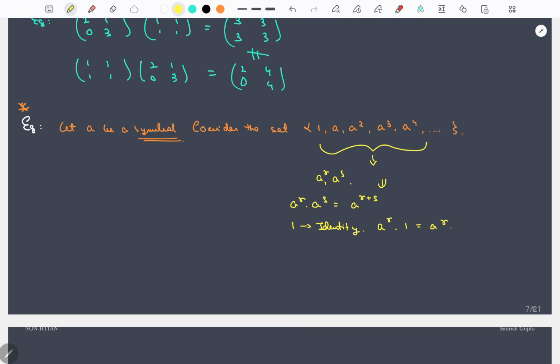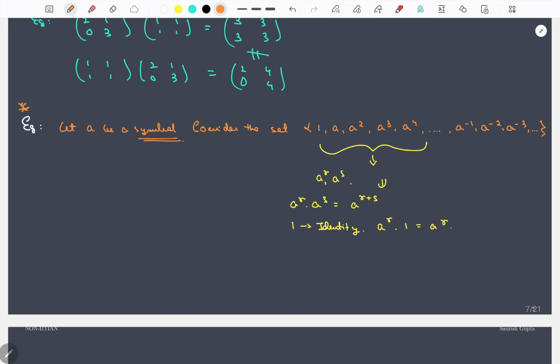But there's a slight problem again. We are not getting inverses, because multiplying two elements won't result in 1. So what we can try is to include the negative powers. I can take A inverse, A to the power minus 2, A to the power minus 3, and so on.